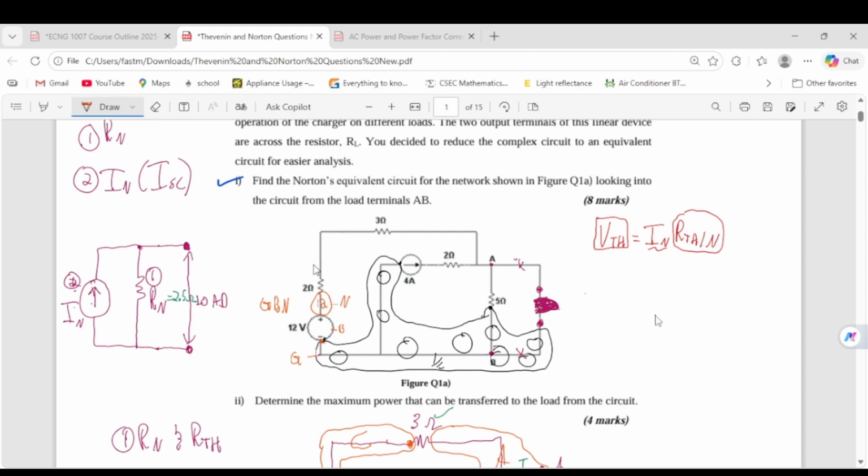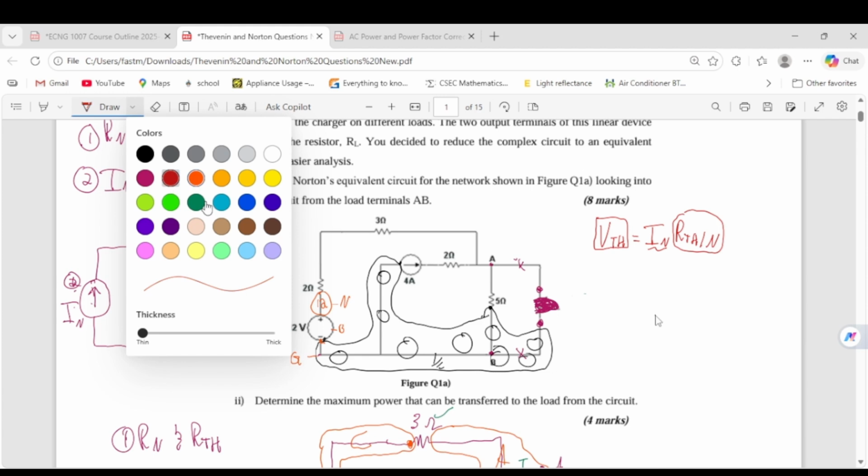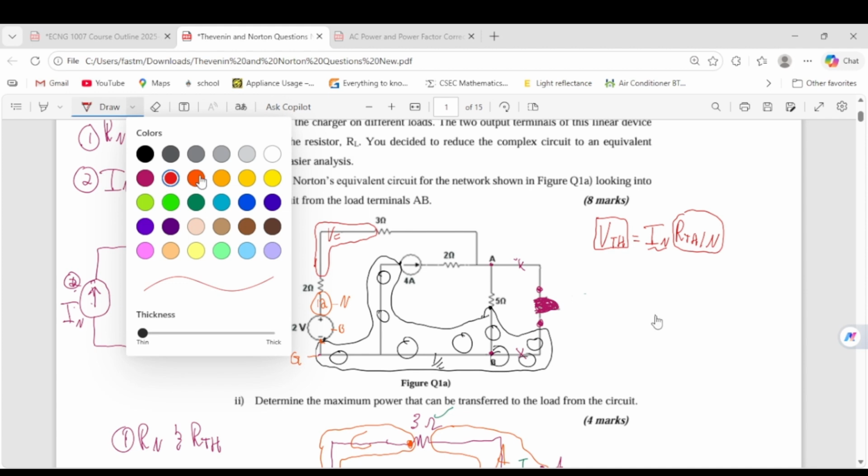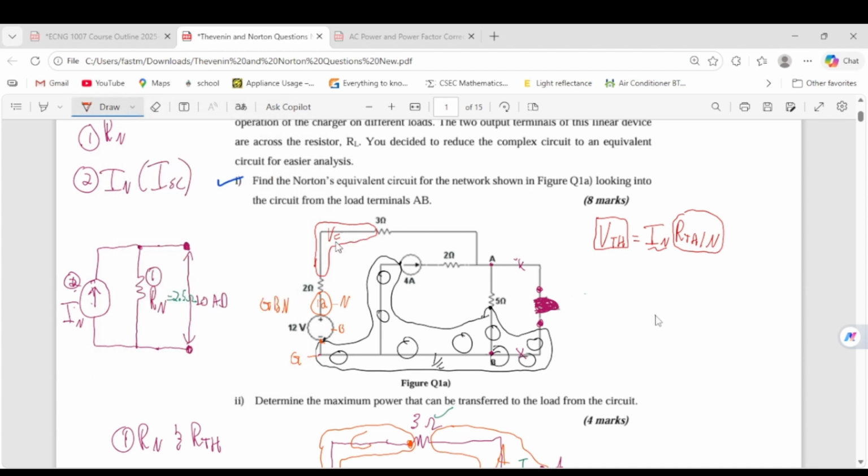Then we have this node on top here, which is basically V. So we call this one V. Since we used A and B already, we could use C. Right? And we just keep going. So we don't know what the voltage of this node is.